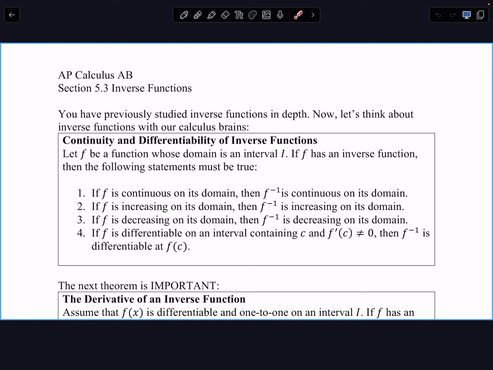So when two functions are inverses of each other, they have the opposite domain and ranges, right? You take the domain of f, and it will correspond to the range of f inverse. If you take the range of f, it would correspond to the domain of f inverse.